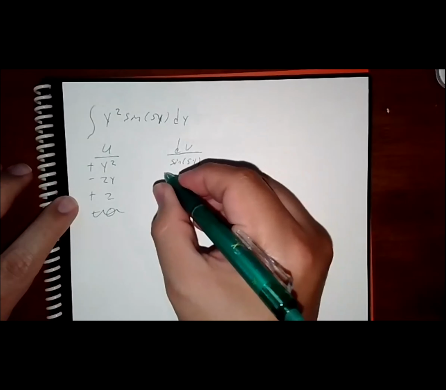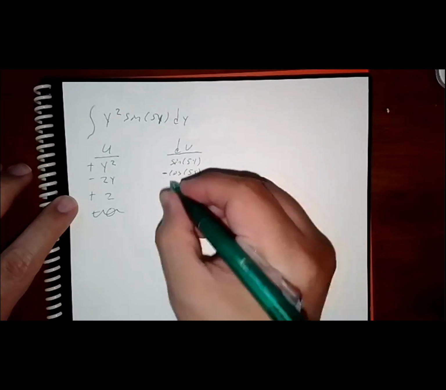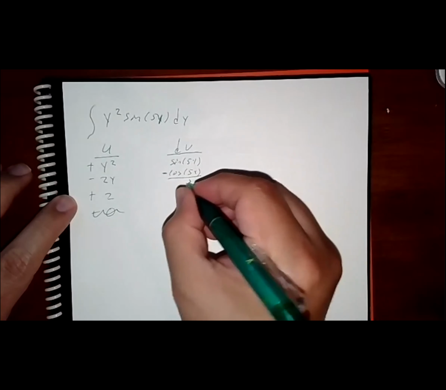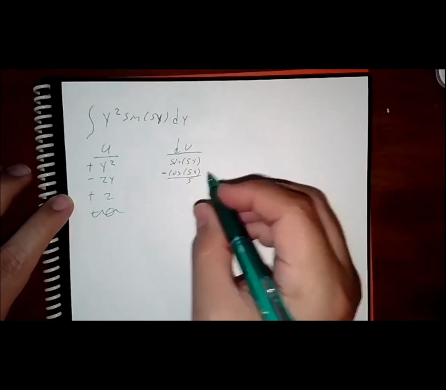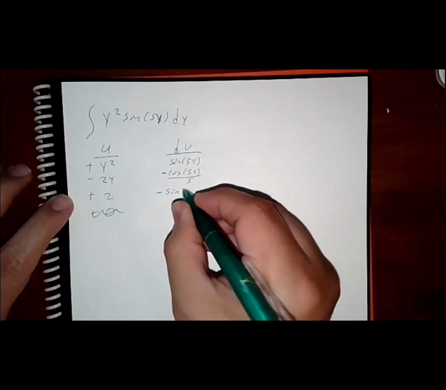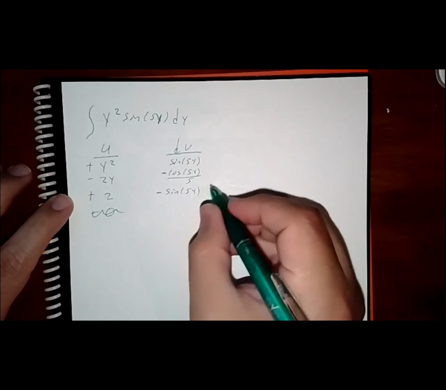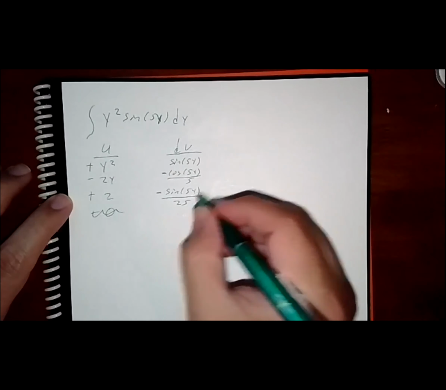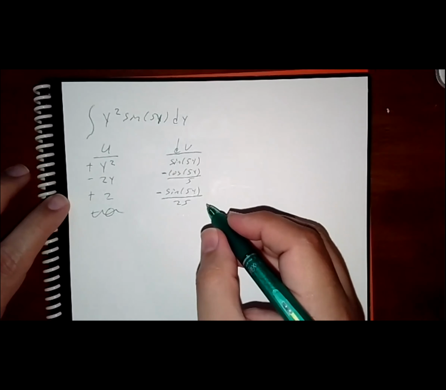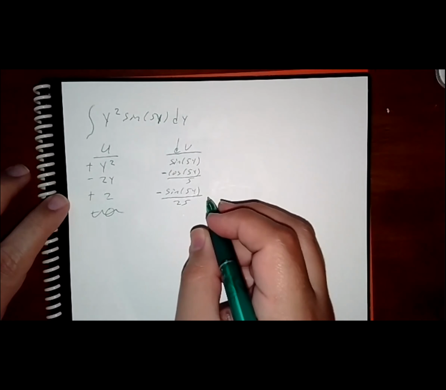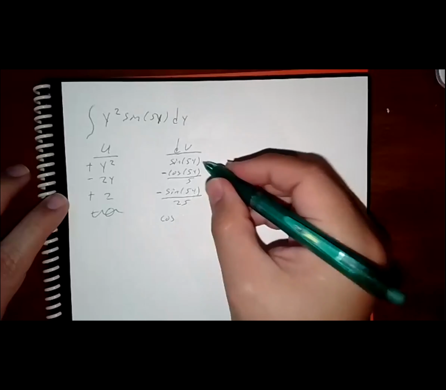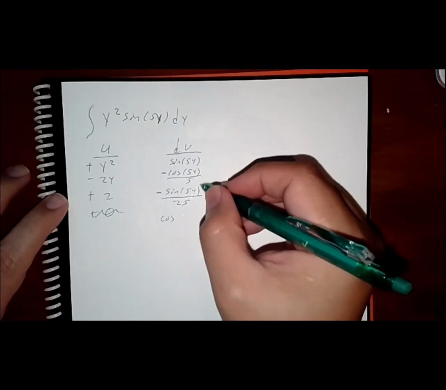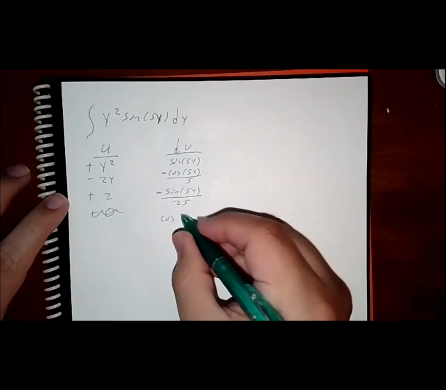So the integral of sine is going to be negative cosine of 5y over 5. The integral of that will be negative sine 5y over 25. Then one more time will be cosine. Sorry, double checking.